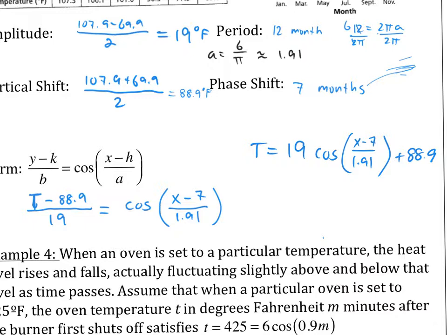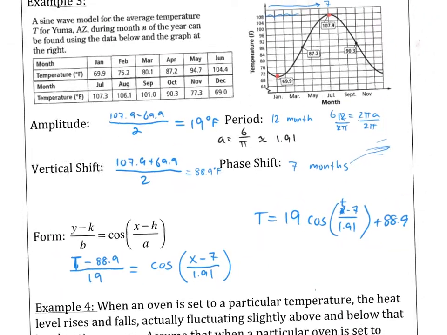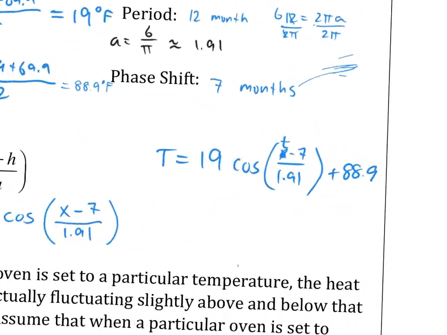And I think my x should actually be a different letter, t for time. So t minus 7. There.